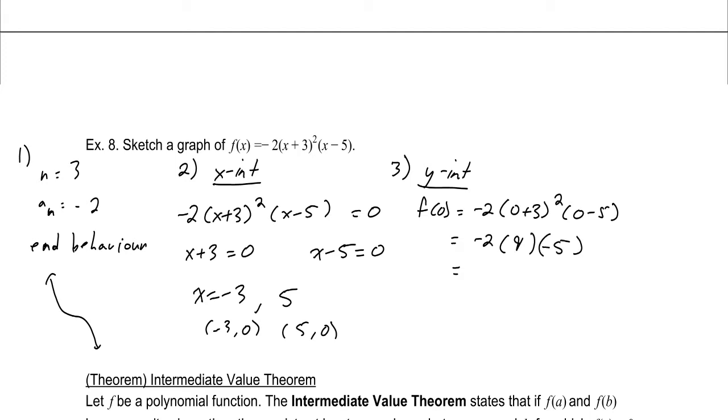So that is a positive 90. Positive 90. All right, so I'm going to sketch that in this upper corner. And by sketch, I really mean sketch. This is not drawn to scale. So I have solutions at -3 and 5. Y-intercept of 90, so this is 0, 90.